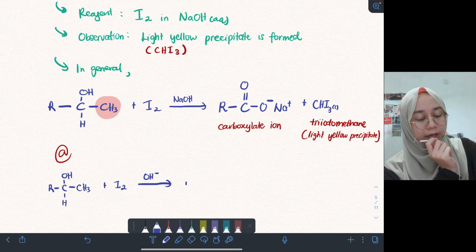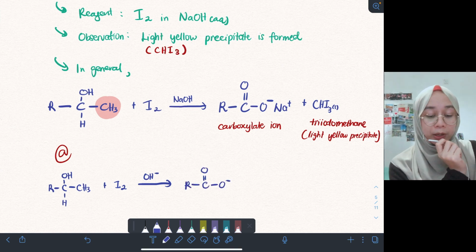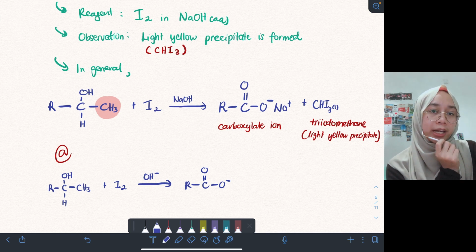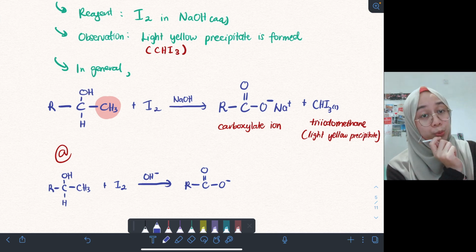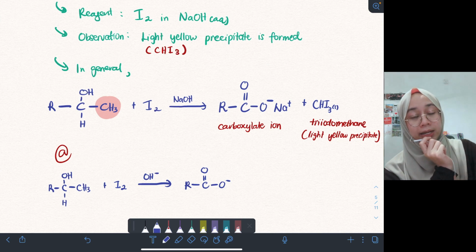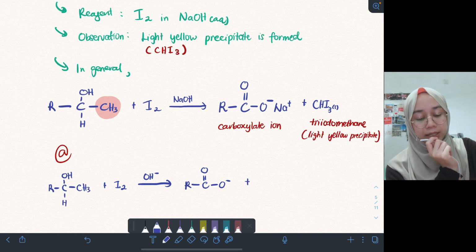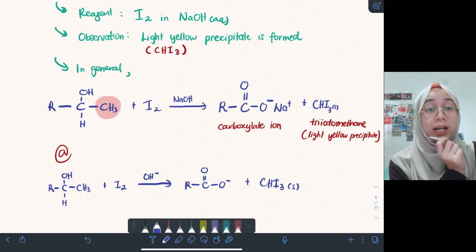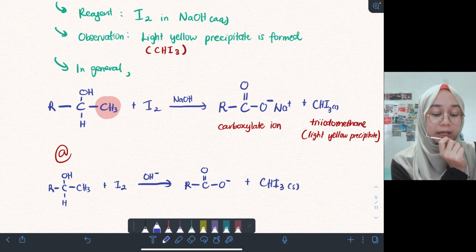So apa yang berlaku adalah masih lagi kita menghasilkan the carboxylate ion, tapi sekarang ni perlu tak nak letak Na plus dekat tepi O negatif tu? Tak perlu. Okay, so tak perlu. So biar dia O negatif saja kat situ, tapi C jangan lupa. Okay, and then jangan lupa letak S sebab itu adalah solid. Precipitate tu dalam bentuk solid.